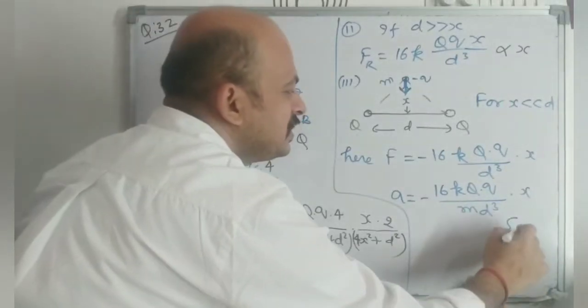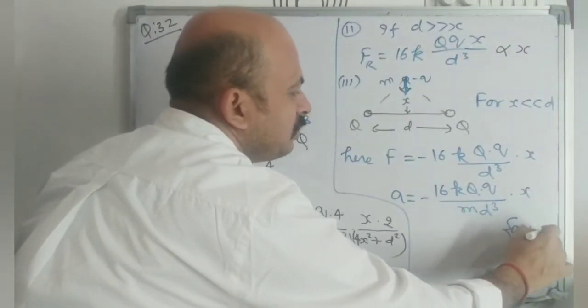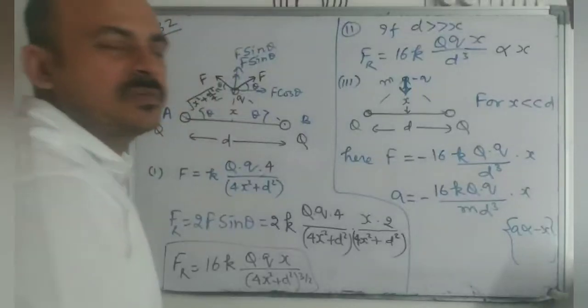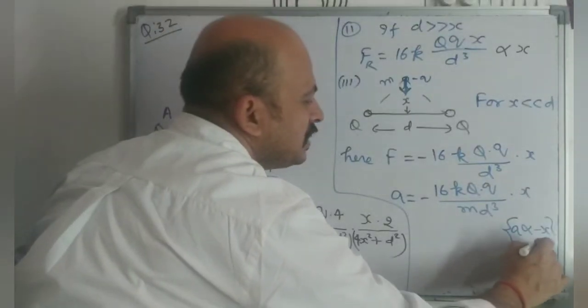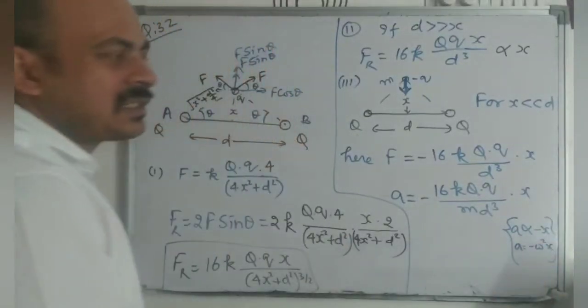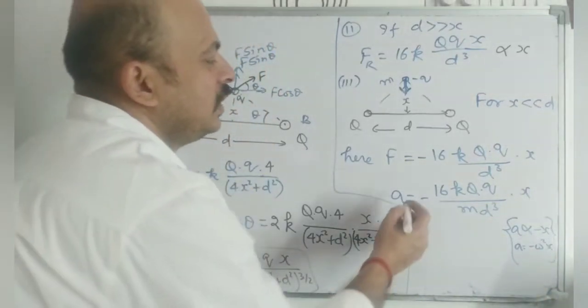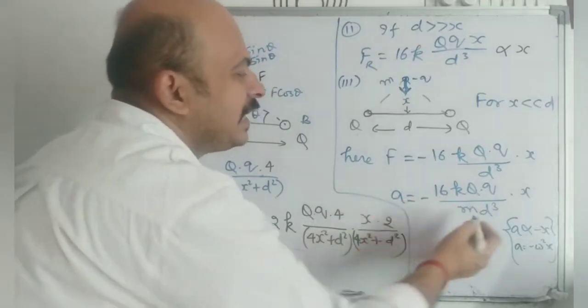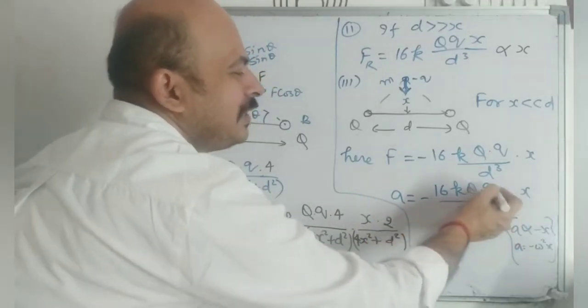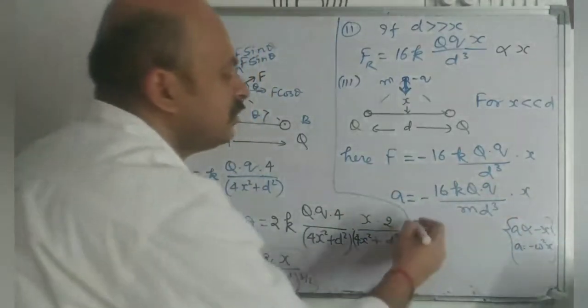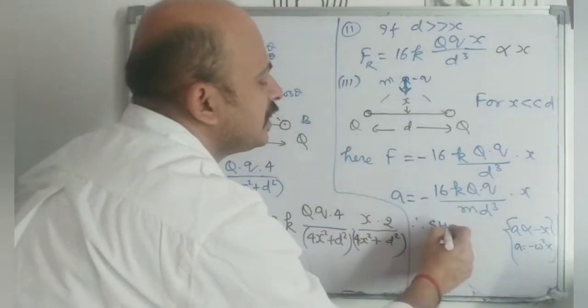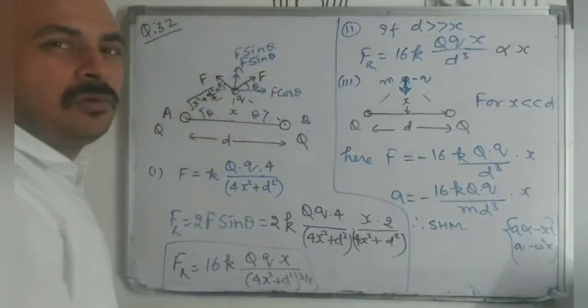You know, for SHM, acceleration should be directly proportional to minus of displacement, that is, A is equal to minus omega square x. So if you compare, because A is directly proportional to minus of displacement and these quantities are constant, we can say that the body is executing simple harmonic motion.